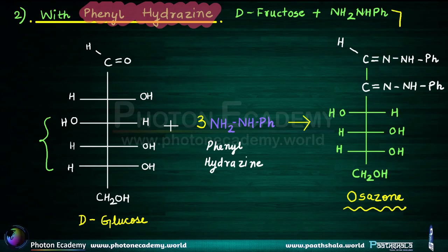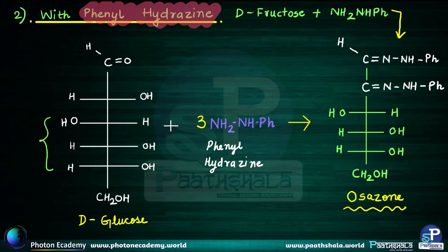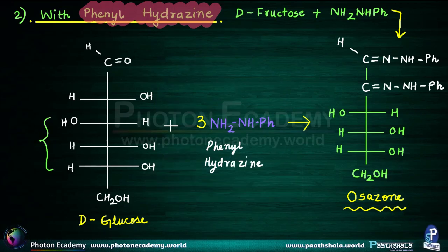Here I am marking an arrow to show that the reaction of D-fructose with phenylhydrazine is going to give us the same product that we obtained from D-glucose and phenylhydrazine, that was osazone. So both these reactions give us the same product, osazone, and thus we have the reaction of D-glucose with phenylhydrazine, which gives us osazone.